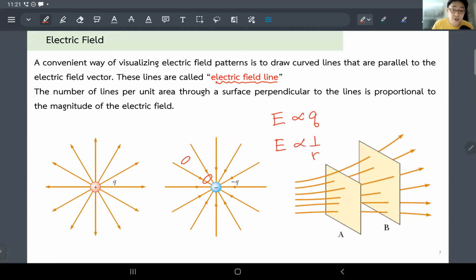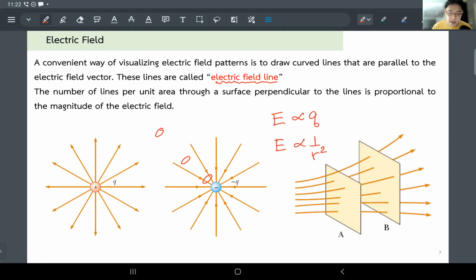Because if you go further away, the electric field should be weaker and weaker as you move away from the source. However, from the experiment, it turns out this inverse proportionality is going to be a square function. So it's an inverse square relationship. Cool.